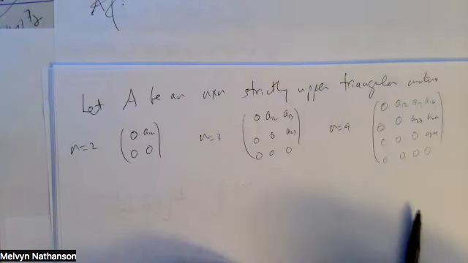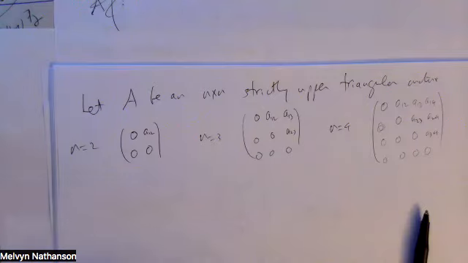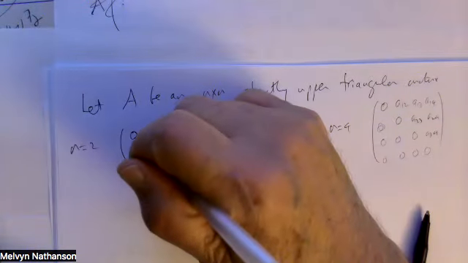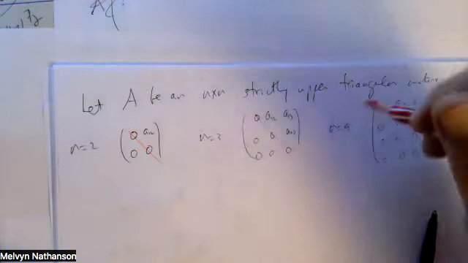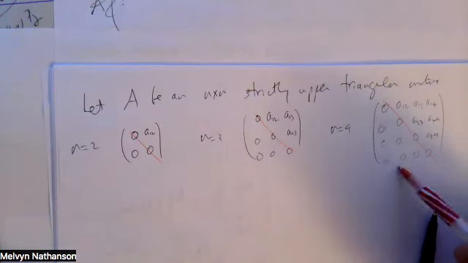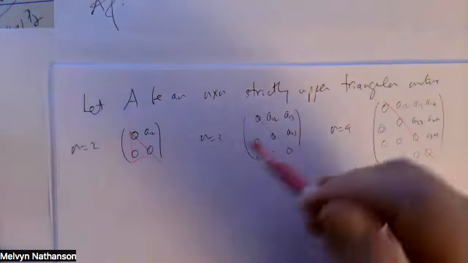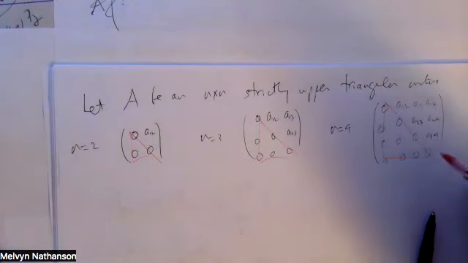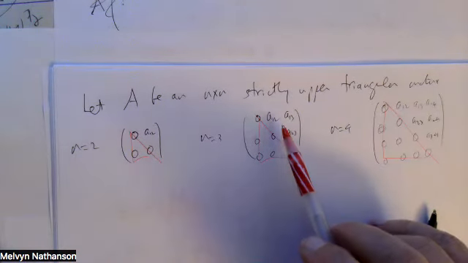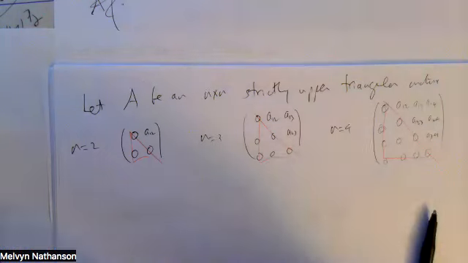These are the only numbers that might be non-zero. So this is the main diagonal. On and below that main diagonal, everything is 0. And it's only in this little triangle above the main diagonal where you could have a non-zero element.